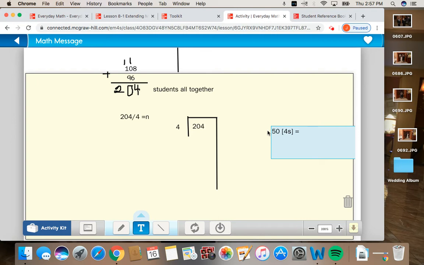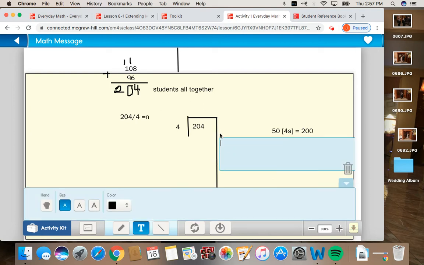50 4s. And 50 4s equals 200. So I want to take my 50 right over here and put it right here. My 50 here. 50 times 4 gives me my 200.